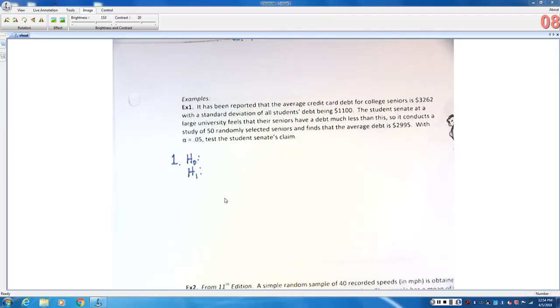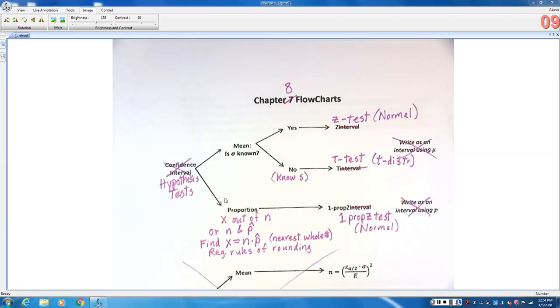The most important parts of Chapter 8 are posted online as Chapter 8 flowcharts. This is concise, clear, short. This is the meat of Chapter 8. This is the overview.